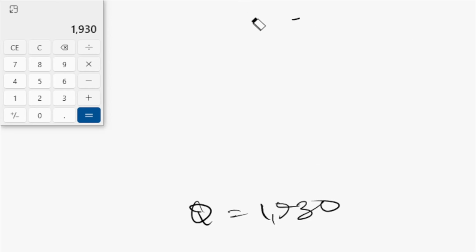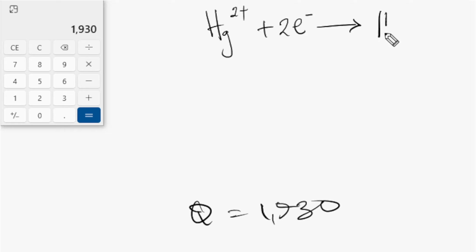So let's note that this is the quantity of charge required for the zinc ion, but then for the mercury ion, if I have mercury here, it's a divalent ion, therefore I'll have 2e here to discharge it to mercury.